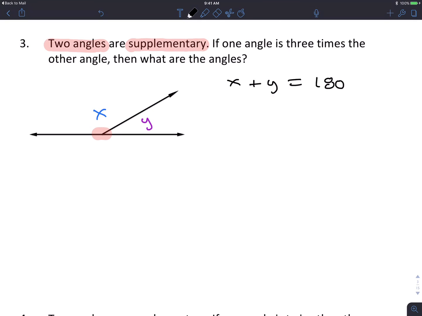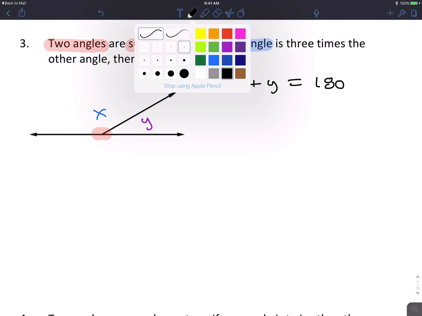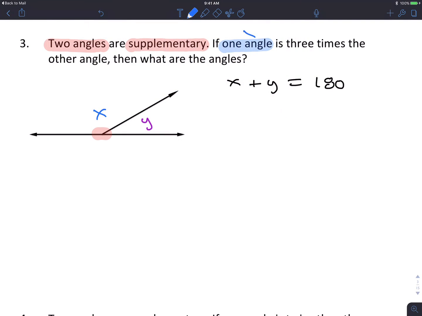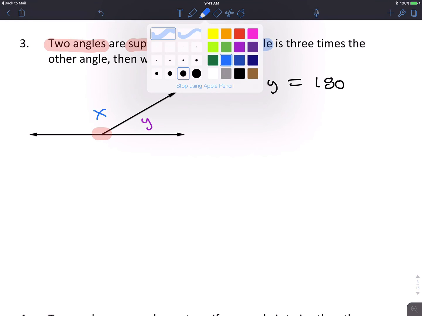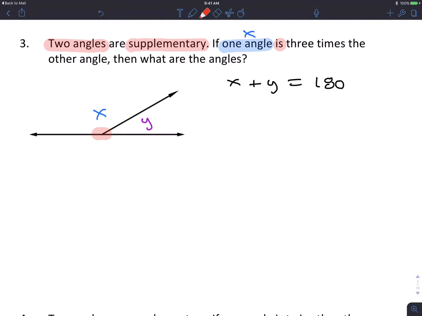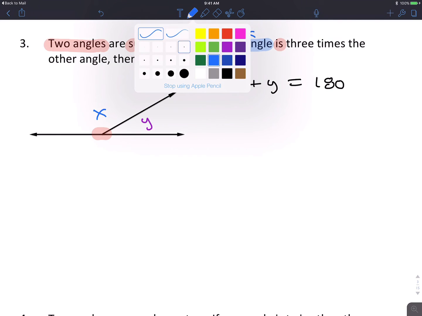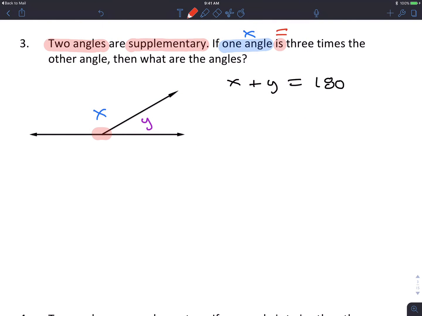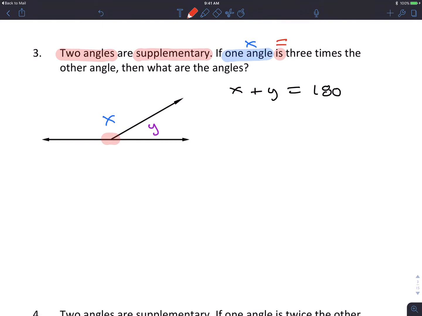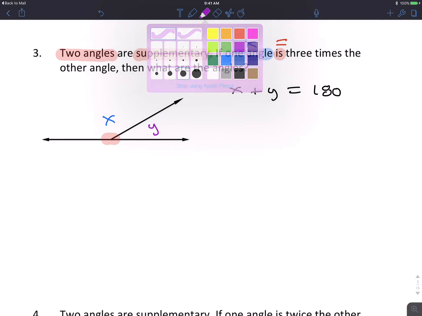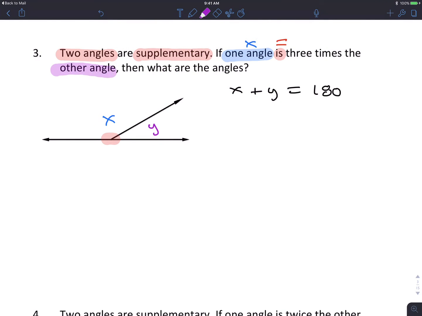Now let's look at the phrase here. One angle that we're going to call x. The word "is" we replace with our equal sign. Now we have 3 times the other angle. The other angle we called y, so we're going to call that one y.